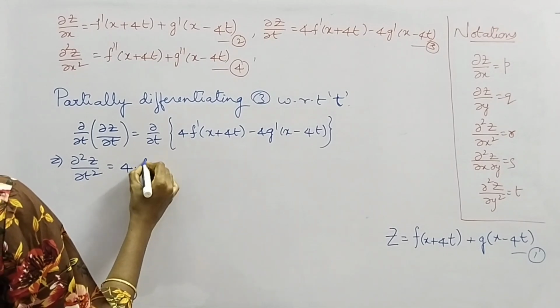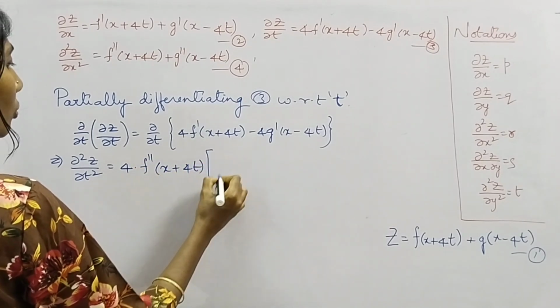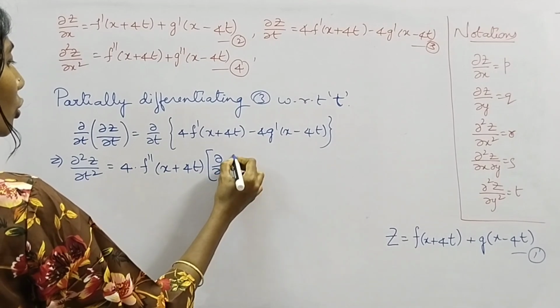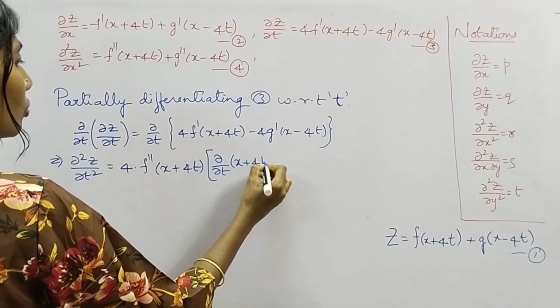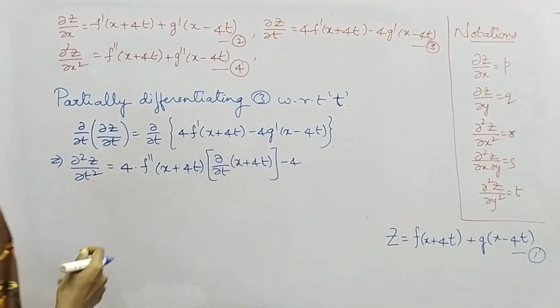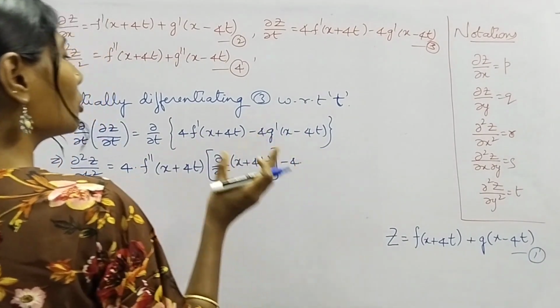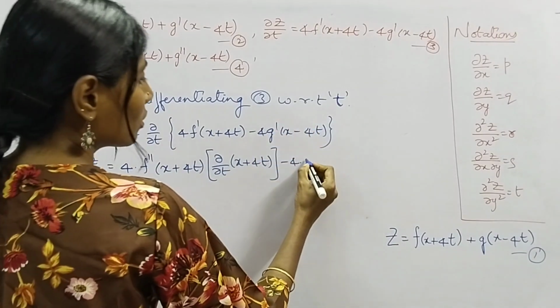with respect to t, which is f double dash of x plus 4t into the inner derivative, that is dou by dou t of x plus 4t, minus constant 4 into the partial derivative of g dash with respect to t. G dash is nothing but g dash of x minus 4t, okay?